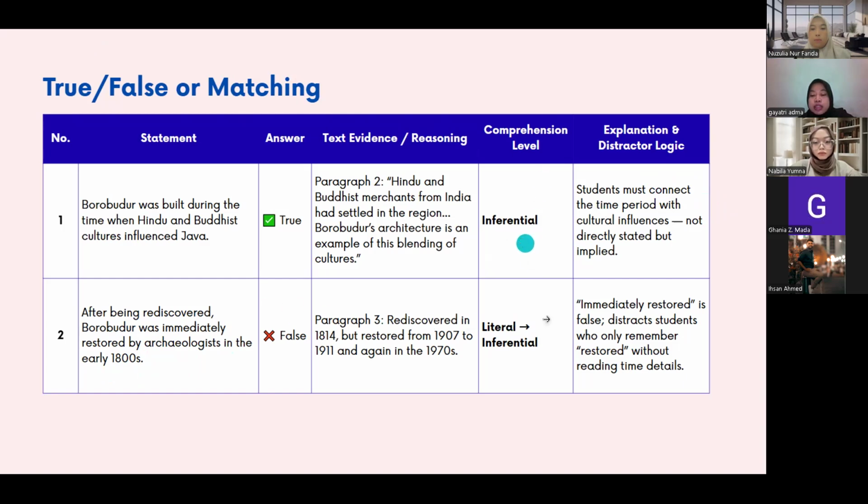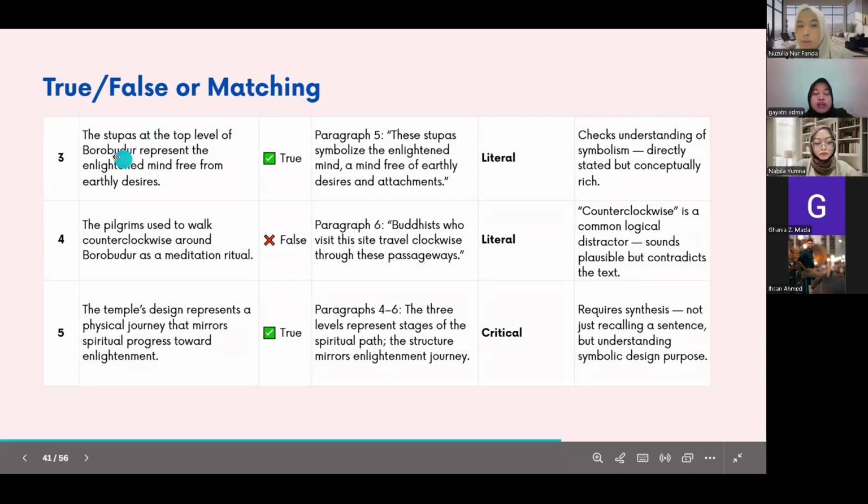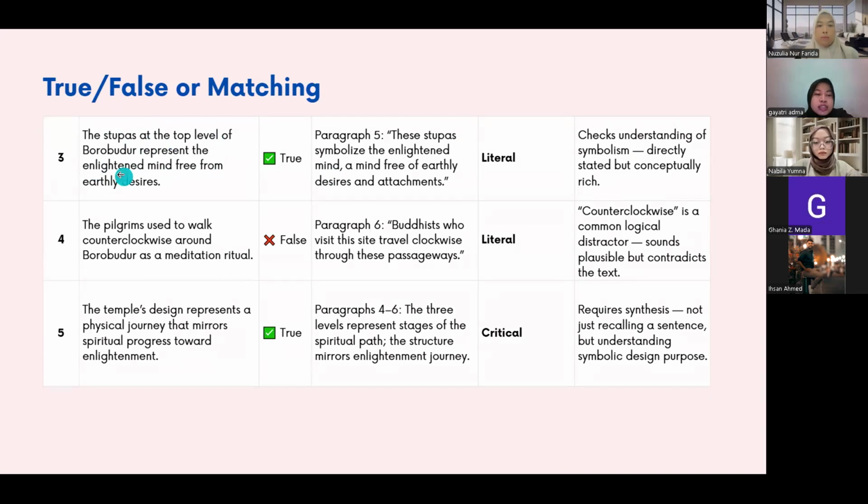It is at the literal comprehension level. And then the third question is, the stupas at the top level of Borobudur represent the enlightened mind free from earthly desires. And the answer is true. It also assesses the literal comprehension of our students because it just checks the students' understanding of symbolism that is directly stated in the text.